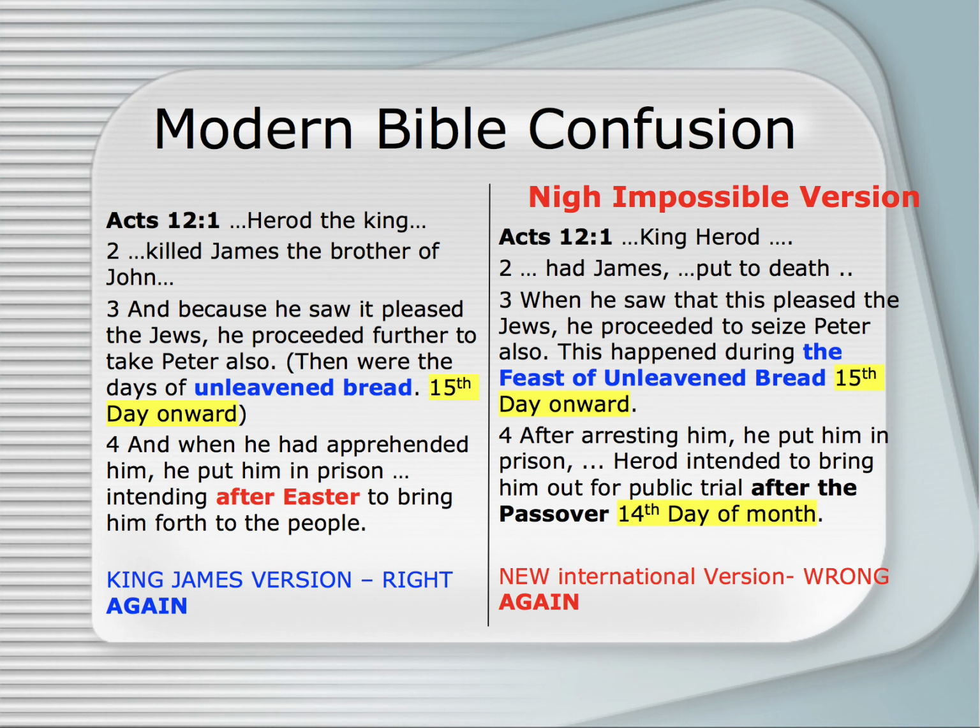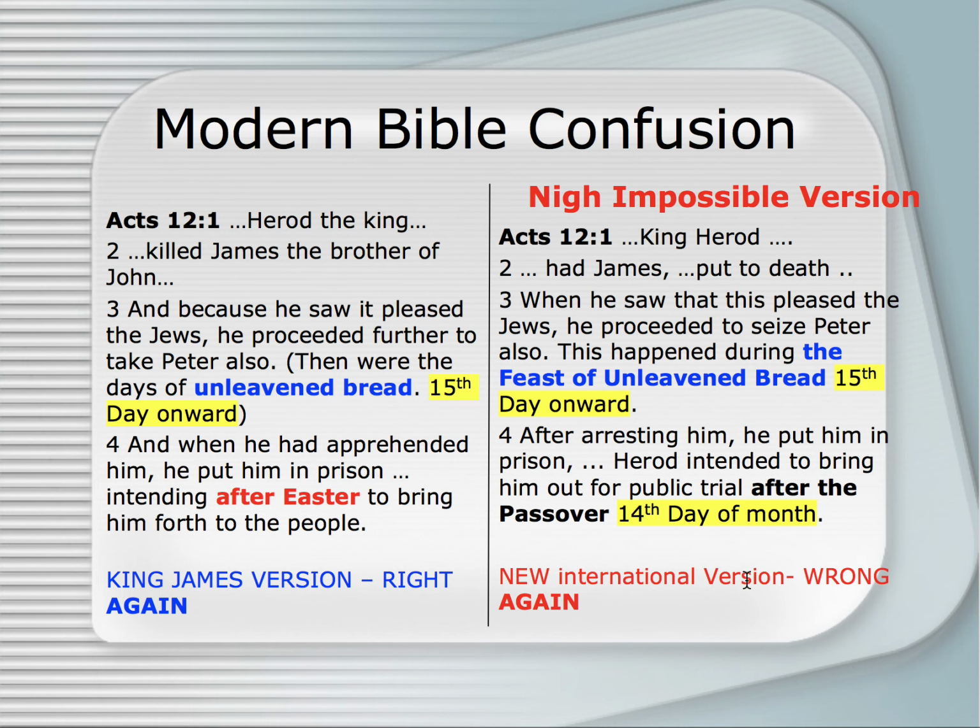So let's get back here. If unleavened bread is the 15th day of the month, it cannot possibly be that Herod is waiting until Passover to bring Peter out of prison for the public trial, because the 15th, it would be 364 days later that Peter would come out of prison, since the 14th day Passover comes before the 15th day unleavened bread.